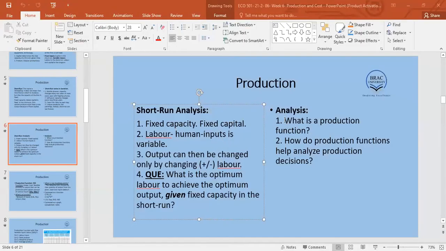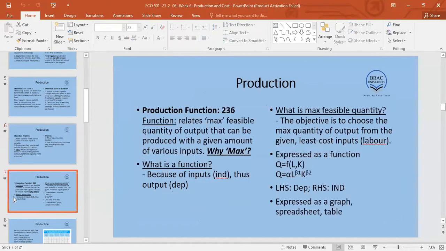What is the optimum amount of input, labor, that will give the optimum amount of output? To address this question, we need to introduce the concept of production functions. So first of all, what is the production function and how does it help to analyze our discussion? Okay.